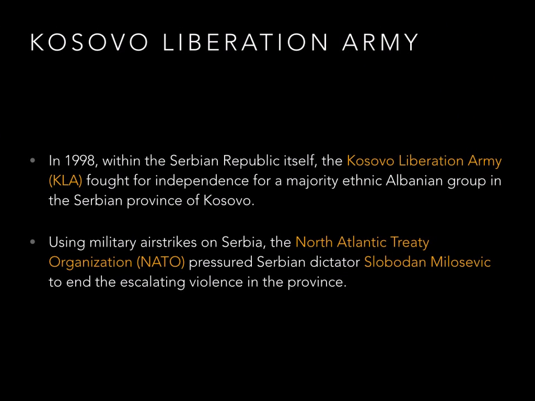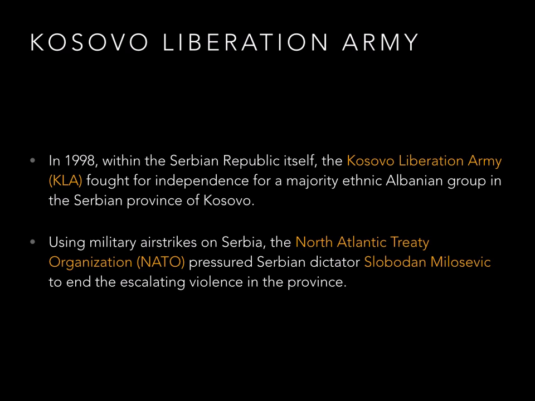Kosovo Liberation Army. In 1998, further turmoil in the Yugoslav Federation, or the former Yugoslav Federation. This time the turmoil is within the Serbian Republic. The Kosovo Liberation Army, the KLA, fought for independence for a majority of ethnic Albanians living within the Serbian Republic in a small province called Kosovo.